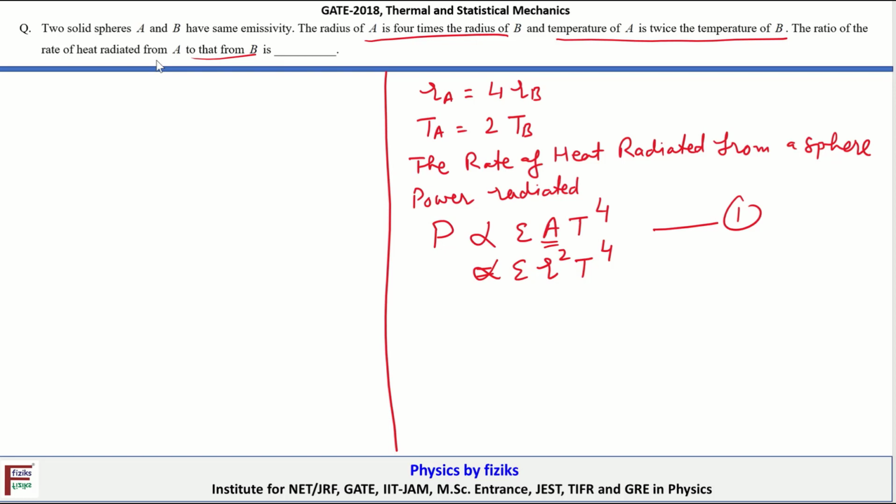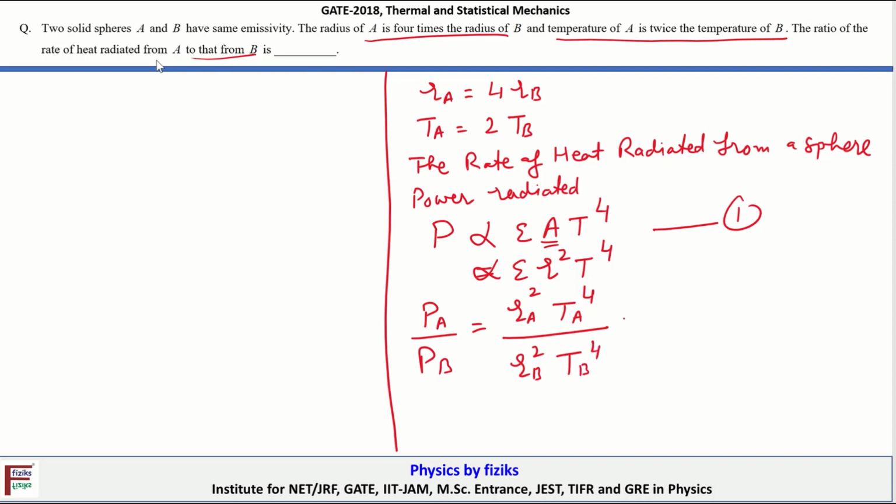From here I can write the ratio of the power radiated by sphere A to the power radiated by sphere B. Since both spheres have the same emissivity, the emissivity will disappear when taking the ratio. So the only dependence is on the radius and the temperature: Ra power 2 Ta power 4 divided by Rb power 2 Tb power 4.